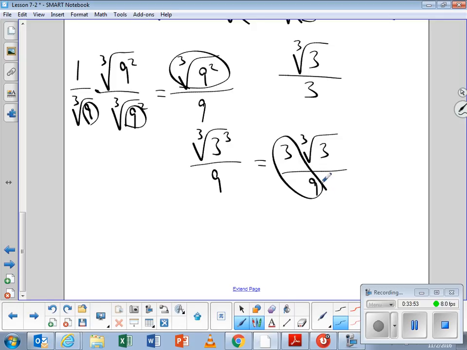And now what happens to those? They reduce. So I get cube root of 3 over 3. I got the same answer, but it takes a lot more steps. So be careful if you rationalize with bigger numbers than you need to. You're setting yourself up for some more confusing reducing to do later.